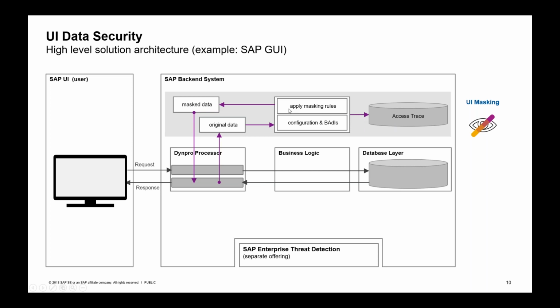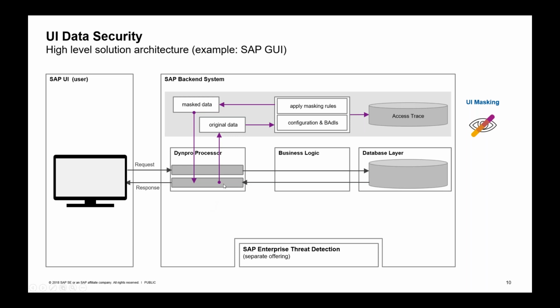If the user is not specifically authorized, we would replace the real data with masked values, asterisks or anything else, and you can determine that in most cases as well, and feed these signs, the masked information, back into the stream, which moves on to the user in the UI. So the user is still accessing the data through his original SAP UI, SAP GUI, UI5 Fiori app. However, the values that are appearing in specific fields would be changed in order to protect the information.